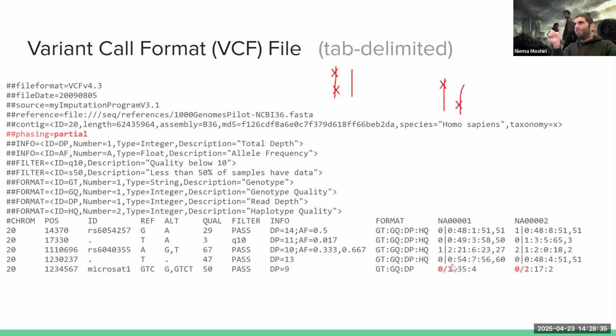So for unphased genotypes, we just write the numbers in numerical order, arbitrarily, because we don't know the order: you're 0, 1, you're 0, 2. Versus for the phased ones, it's specifically which variant is on which chromosome, so the order matters. For the unphased ones, they're just arbitrarily in sorted numerical order.